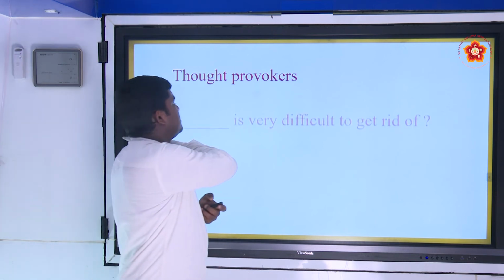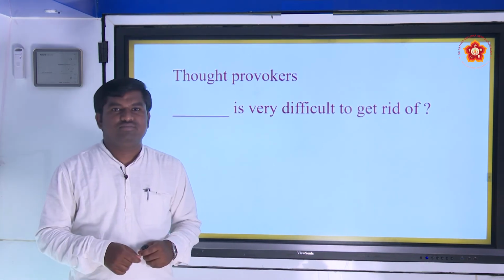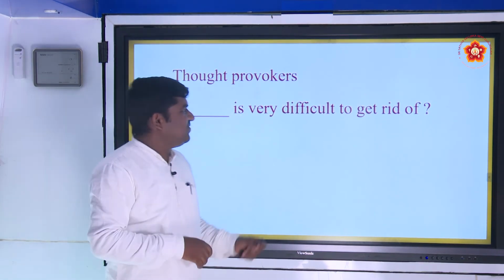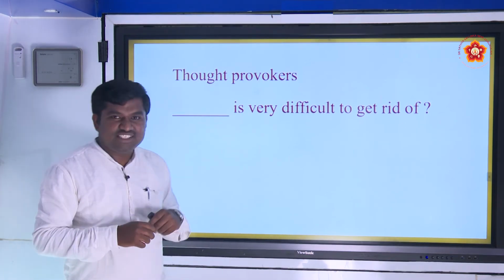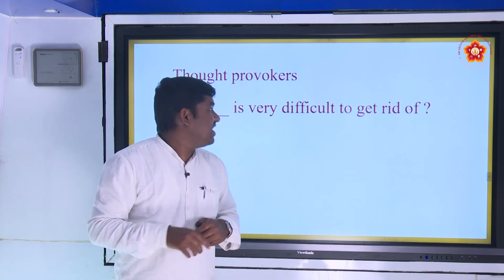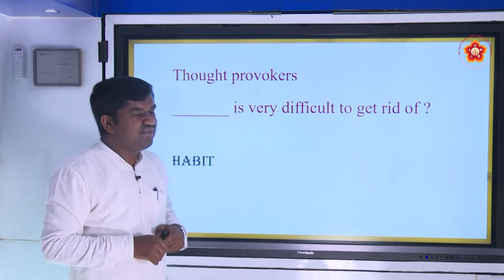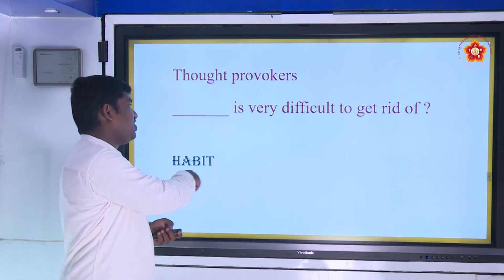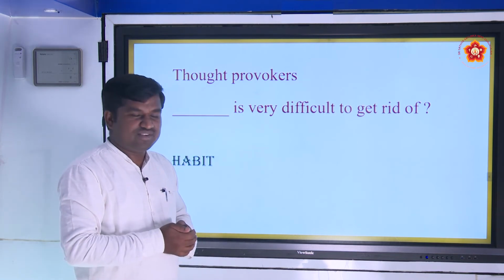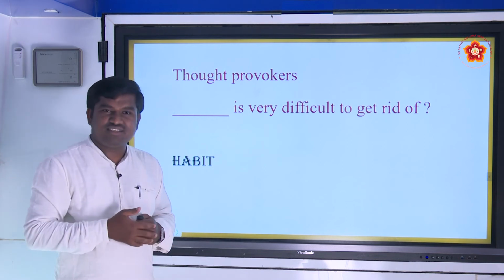Next, thought provoker. Fill in the dash: Dash is very difficult to get rid of. The answer is habit. Habit is very difficult to get rid of. See, try to get rid of this.